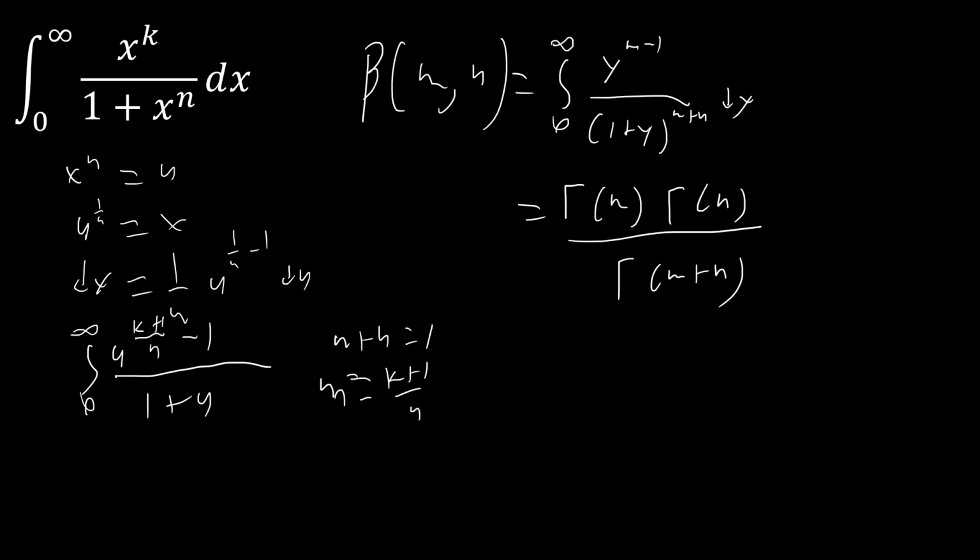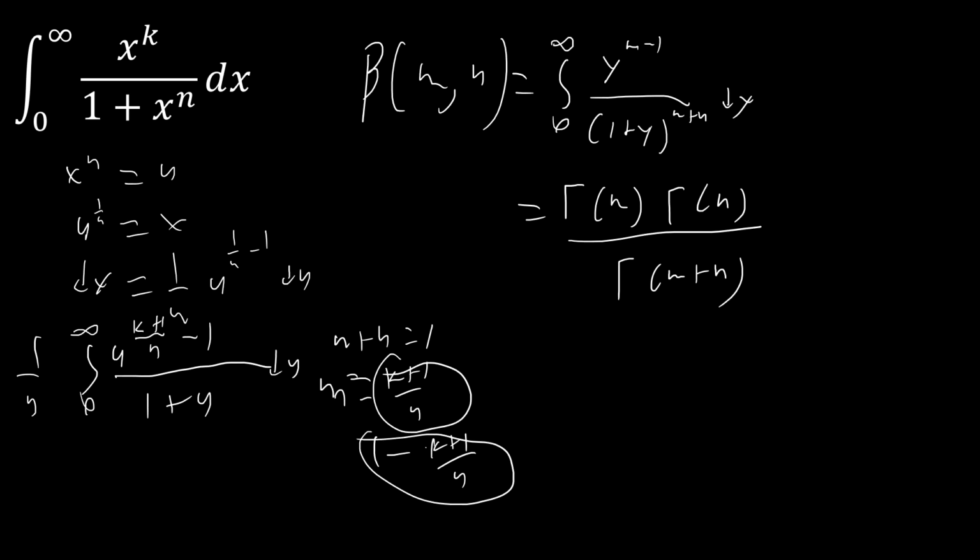So let's go ahead and plug in our formula. Oh, I forgot the du right here, and there's a 1 over n, of course. So for this integral, we're just going to plug in the formula. So this is beta of m is this, and n is just 1 minus m, which is k plus 1 over n. Let's just plug it right into the formula.